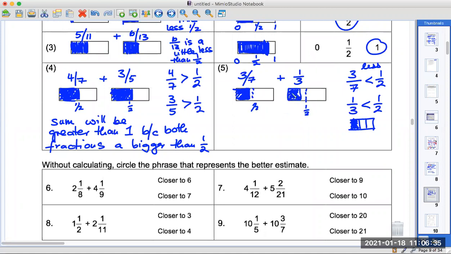So if I add these two, the sum will be less than 1 because both fractions are less than 1/2.